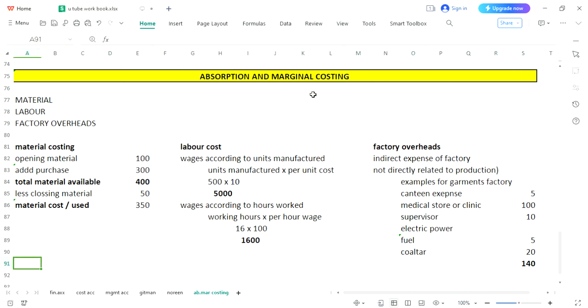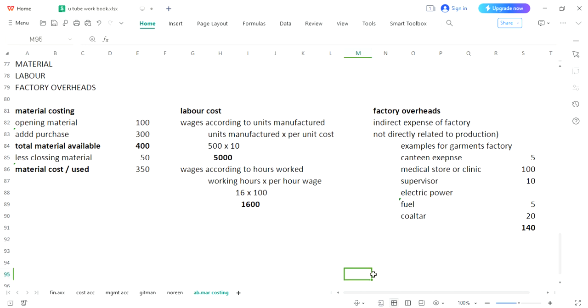But we are trying to understand costing. Under costing, we have material cost, labor cost, and factory overhead cost. But we would like to explain factory overhead cost a little more. For that, you will have to understand a few things. Let's say you want to purchase any book or any stationery, or you want to purchase fuel.